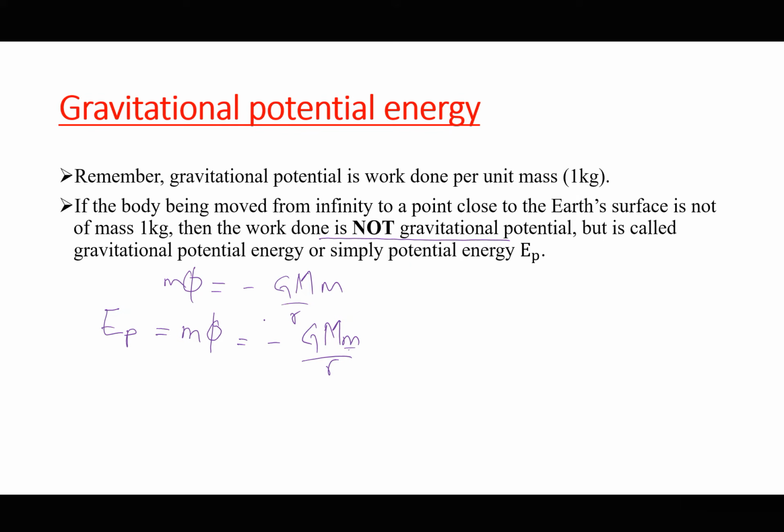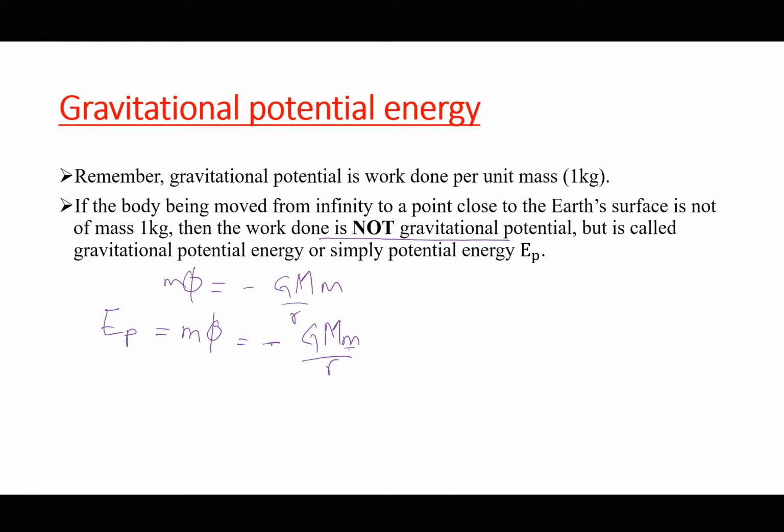I want you to note very carefully that even here, the minus on potential energy is not optional. The minus sign on potential energy is not optional. It is actually compulsory.